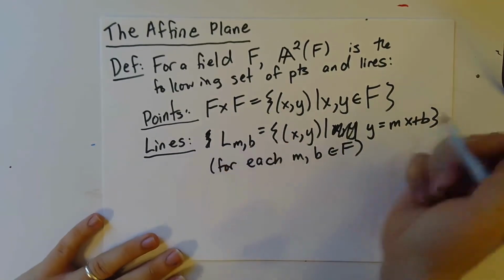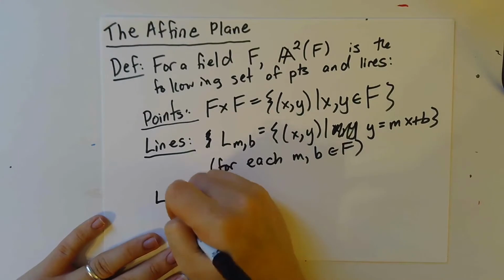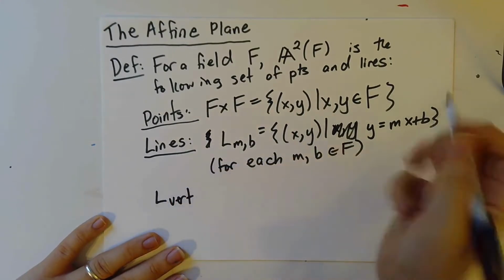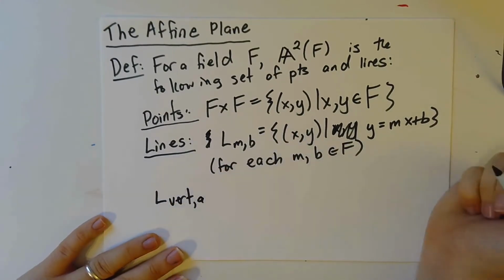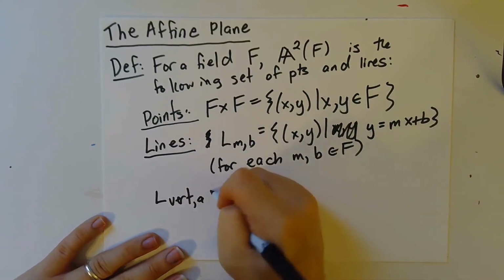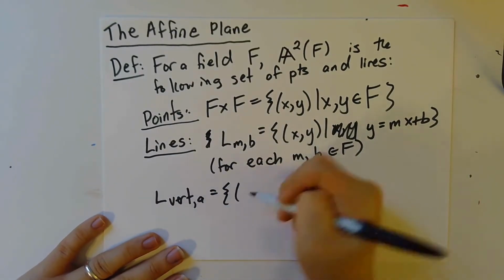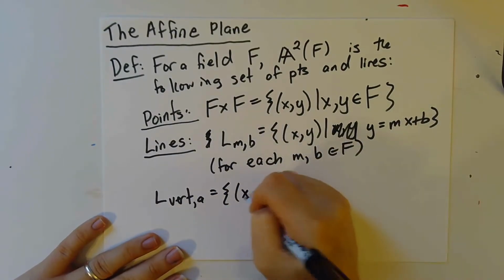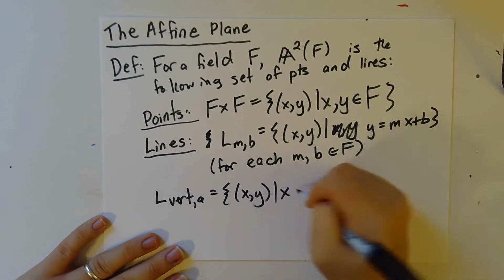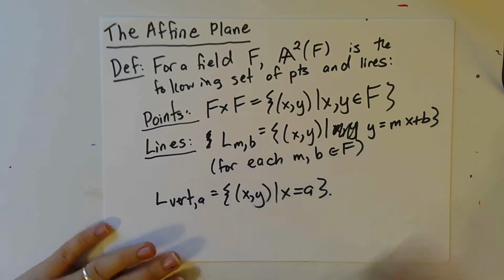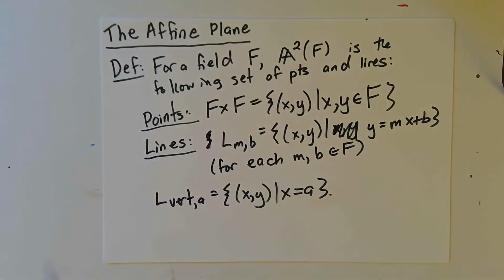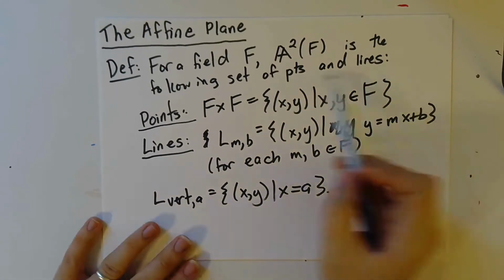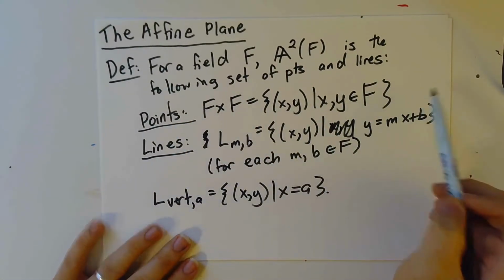And then lastly, we have our vertical lines, which I wrote before as L_{vert,a}. This is the set of points (x, y) where x is equal to a. So we have this set of points F cross F that we're thinking about in the plane.